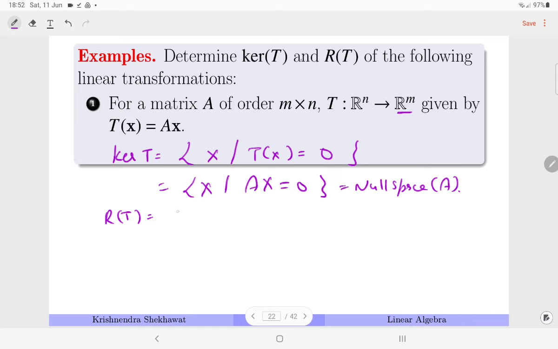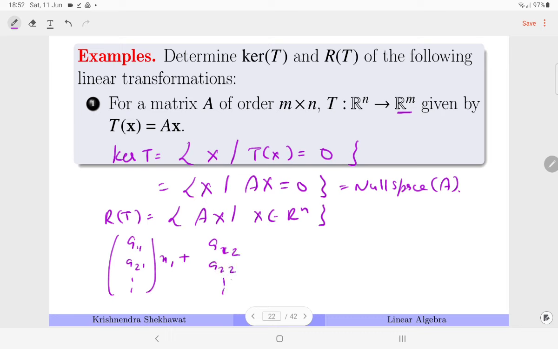Similarly, if I define the range T, then range T is all those Ax for which x belongs to R^n. Now, try to visualize what is range of T. Now Ax, if I write down the columns, then the column is a11, a21 and so on, times x1, plus a12, a22, and so on, times x2, and a1n up to amn, times xn.